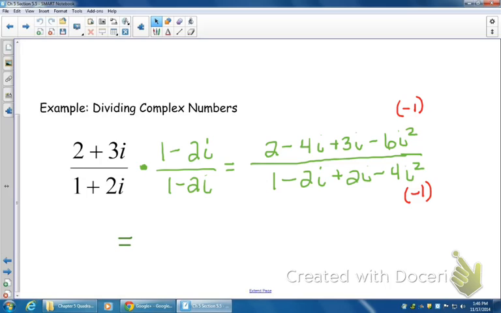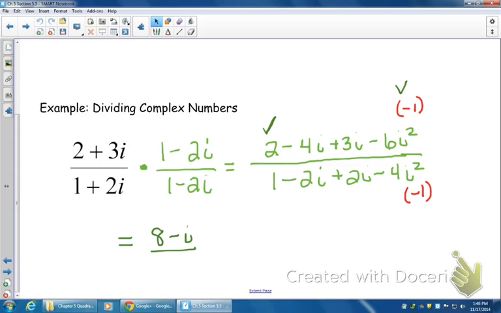So we have 2 and positive 6, because we had a negative 6 times a negative 1. So 2 plus 6 is 8. Negative 4i plus 3i, so negative i.